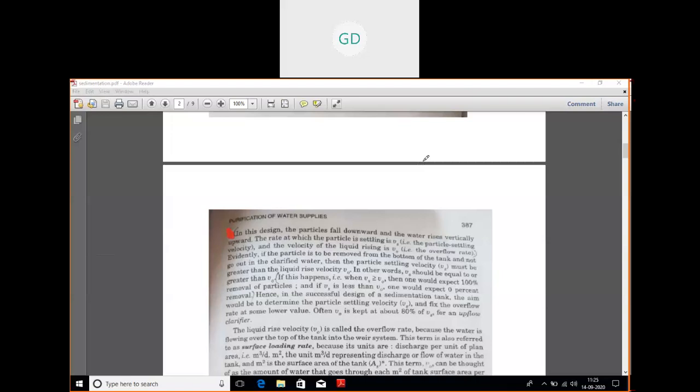The rate at which the particle is settling is Vs, which we already learned, and the velocity of the liquid rising is V naught.